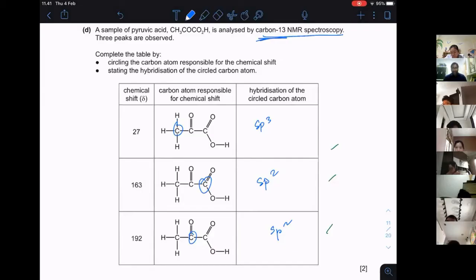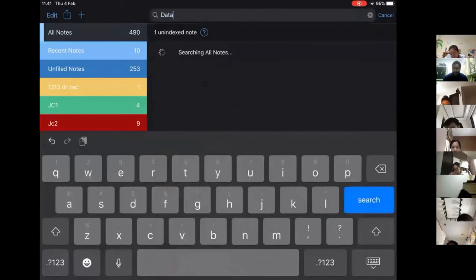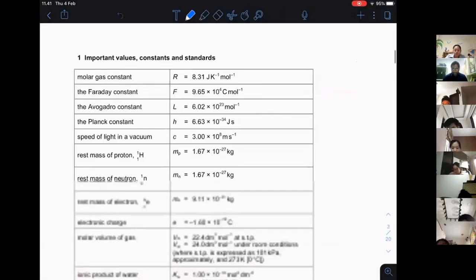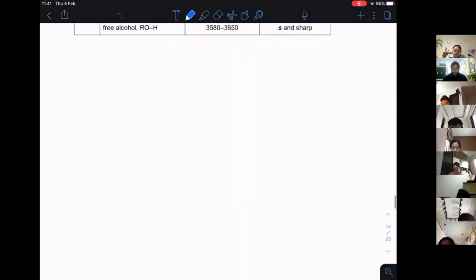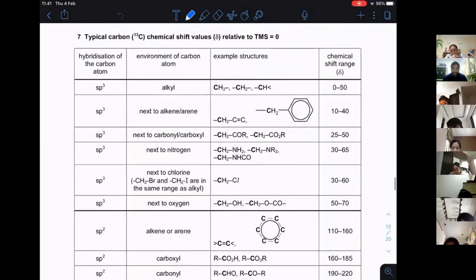For example, for the chemical shift, let me share the screen. Hold on, let me go to the data booklet directly. This is the information that we are going to use.